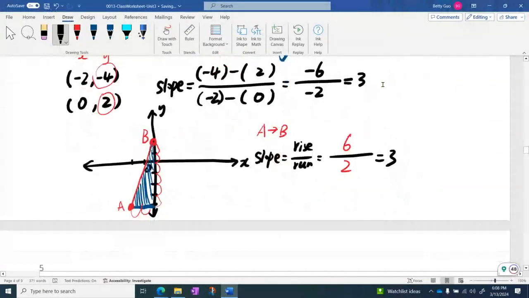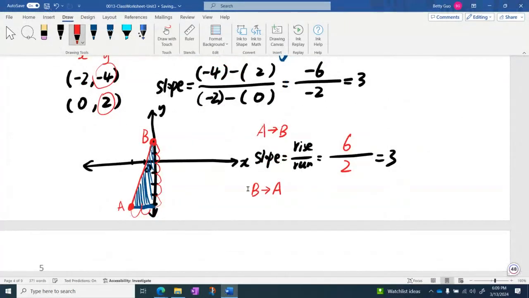And what if I look at the 2 points and decide to move from B to A? Would that work? Let's see what happens if I go from B to A, this direction. This time I'm going to go from B to A, going down. Then slope is also rise over run.